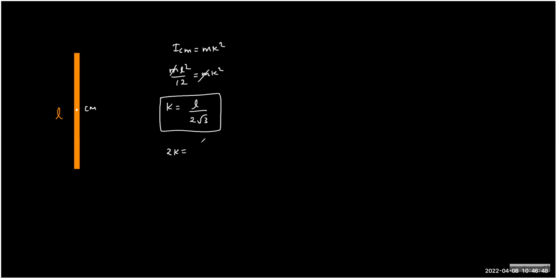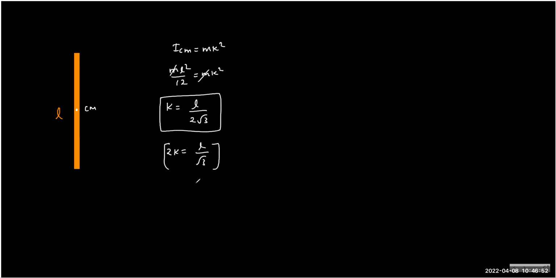To find the radius of gyration, ICM equals m k square. m L square by 12 equals m k square. So k turns out to be L upon 2 root 3. So 2k will be equal to L by root 3.